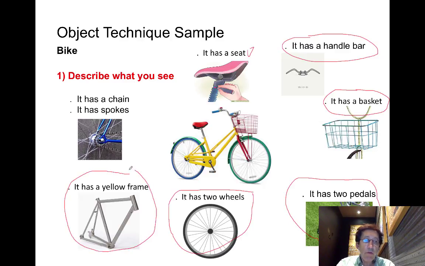The next one, yellow frame. This object is made of metal, and it has a complicated design. It connects the two wheels of the bike, and also on it we can put the seat.